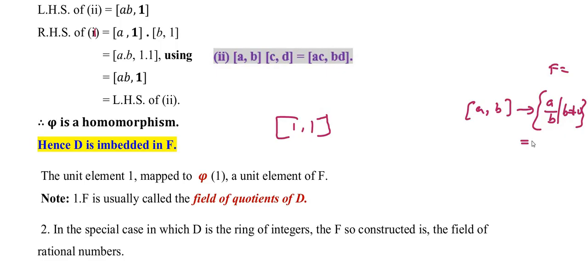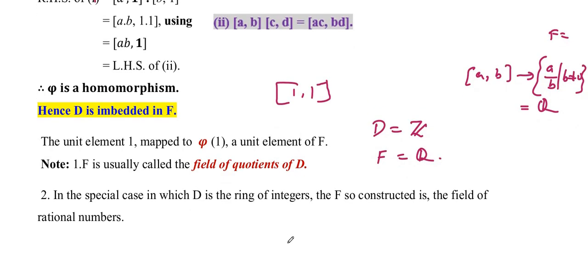And this is nothing but your Q. So when you have D to be Z, the ring of integers, what will be your F? It is Q, right? So that is the reason why we consider integers as rational numbers, right? So this is the proof and this is the application, right? Thank you.